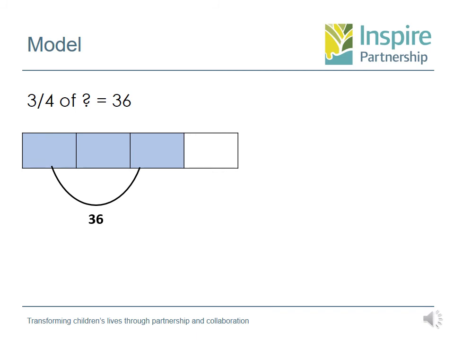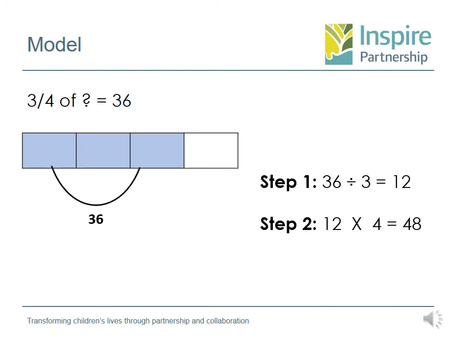Now we know that 3/4, so my 3 shaded parts, is worth 36. The next thing I need to do is 36 divided by 3 equals 12, because I need to find out what 1 part is worth. So each one of these boxes is worth 12.